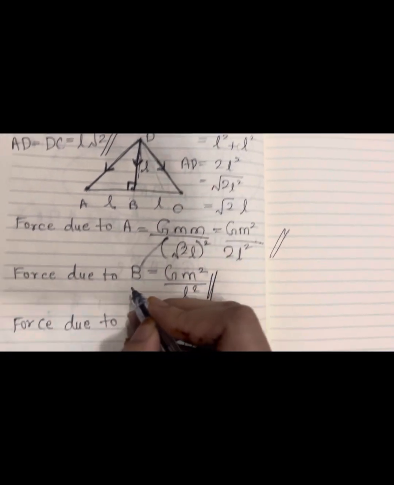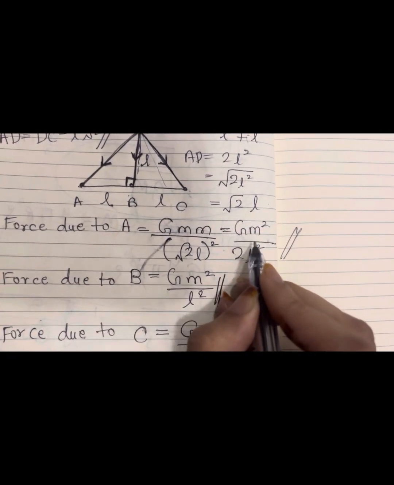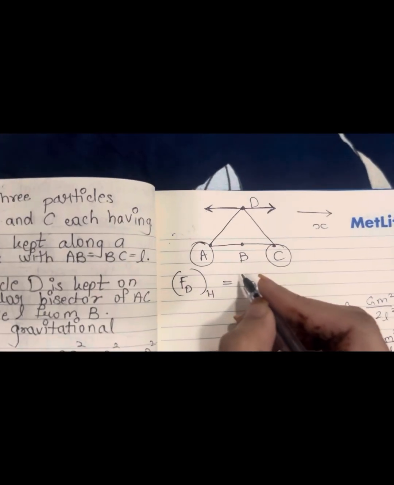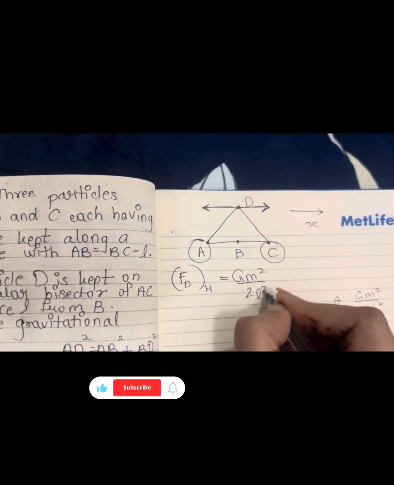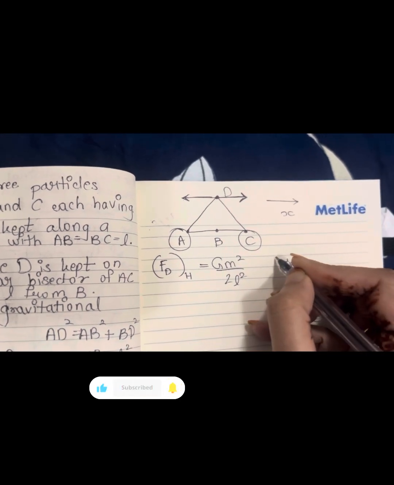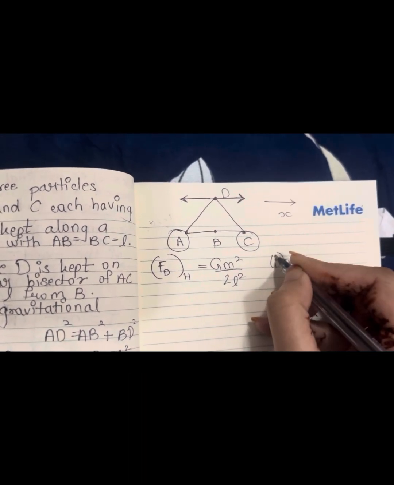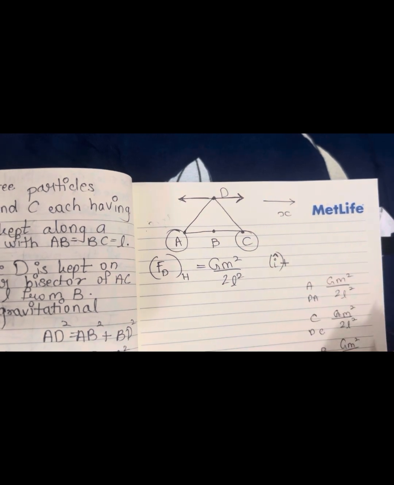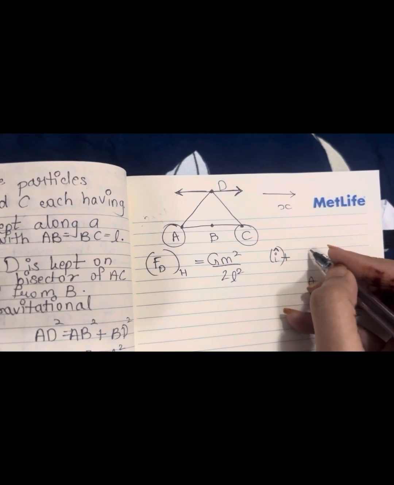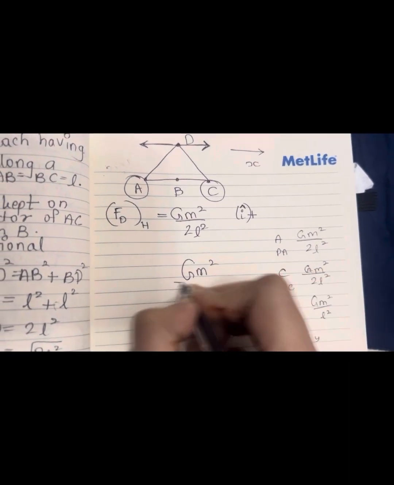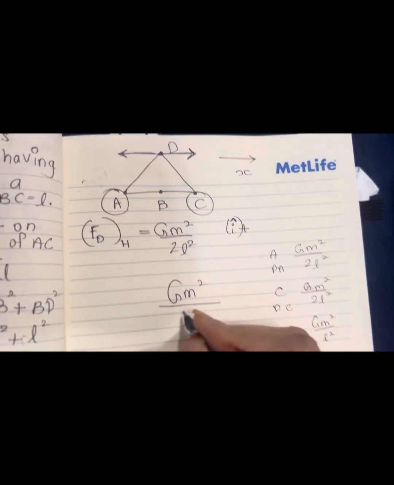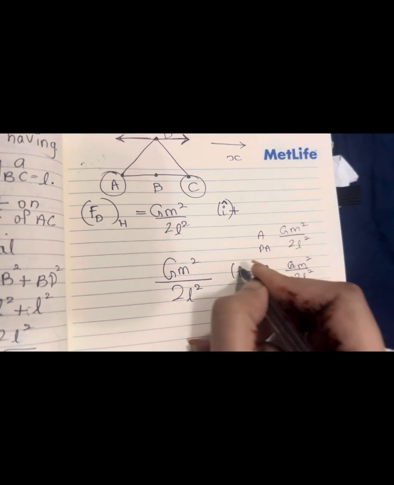The force due to A is Gm square upon 2L square, and I'll write i hat over here. Due to C it is again the same, Gm square upon 2L square i hat.